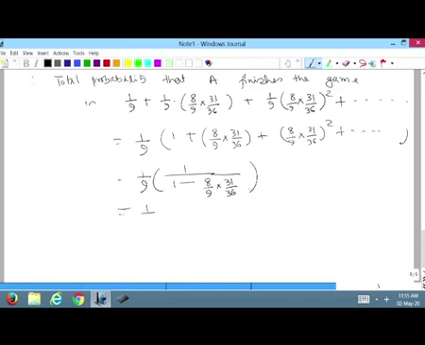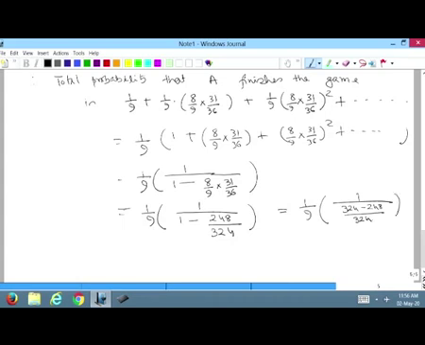That is 1 by 9 into 1 upon 1 minus 248 upon 324, which is 1 by 9 into 1 upon 324 minus 248 upon 324, which is 1 by 9 into 324 upon 76, which is 36 upon 76, which is 9 upon 19.